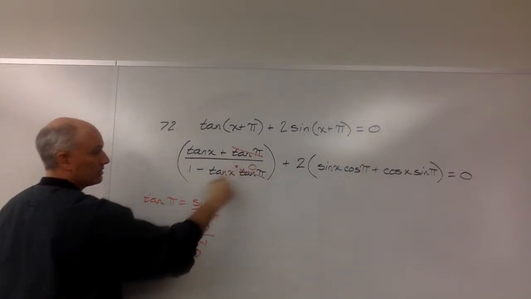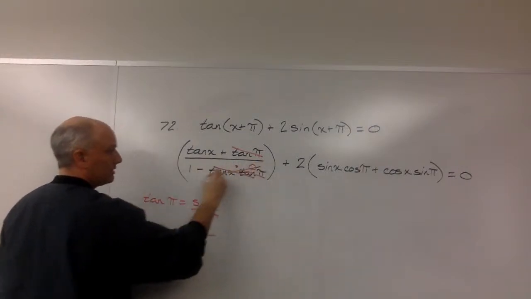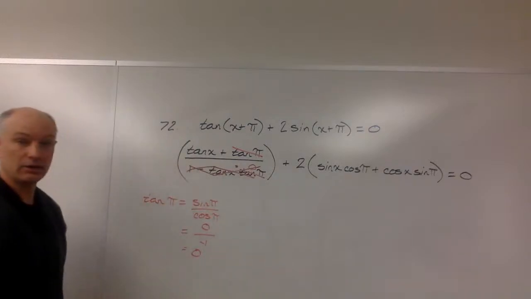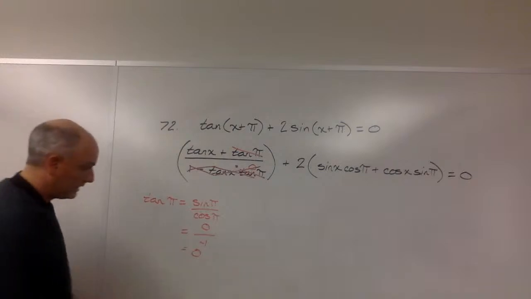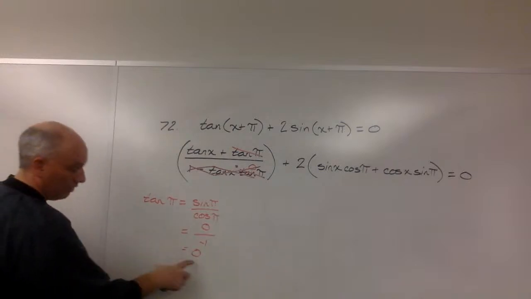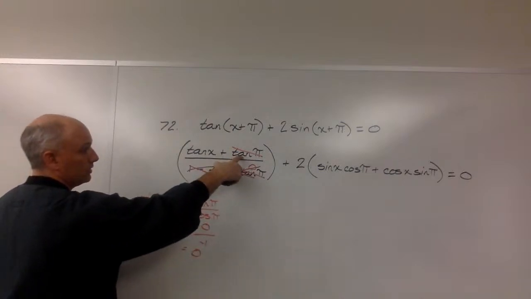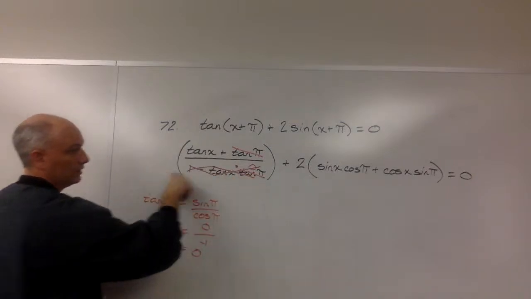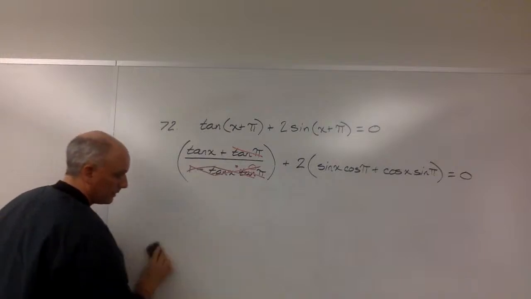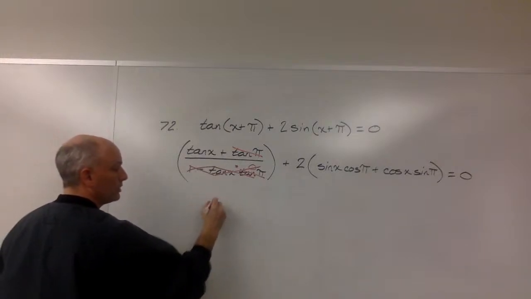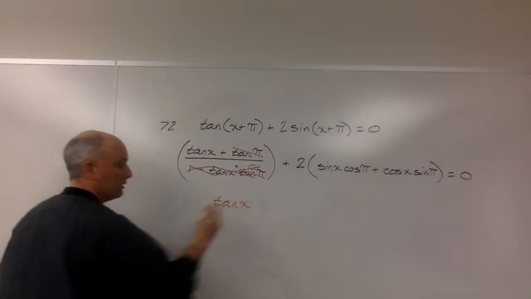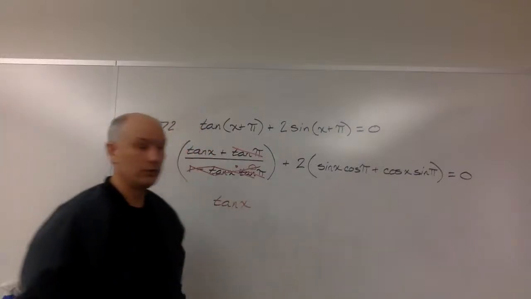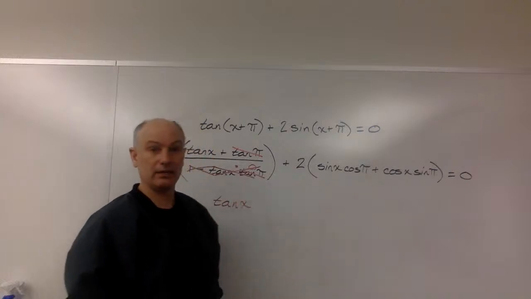Now, because this is a multiplication by 0, I essentially am getting everything over 1. I'm essentially losing the denominator completely here. So what that leaves us with, all because of that 0 here, 0 here as a multiplication, 1 minus 0 is 1, denominator eliminates. I'm left on this one with just tangent of x. On the other one, I can argue that the cosine of pi is going to be a -1.